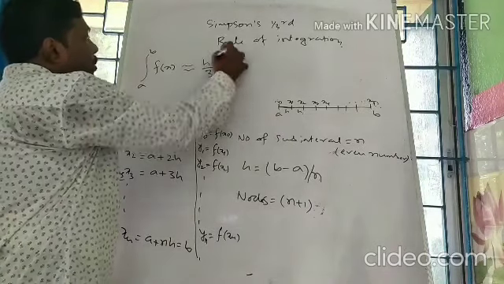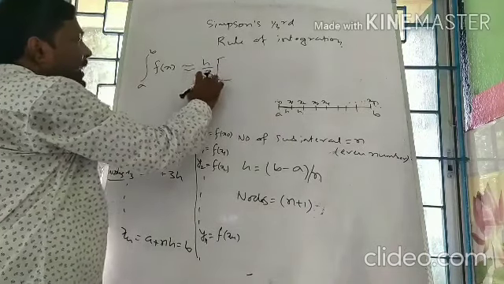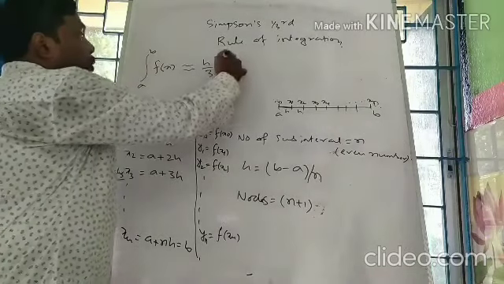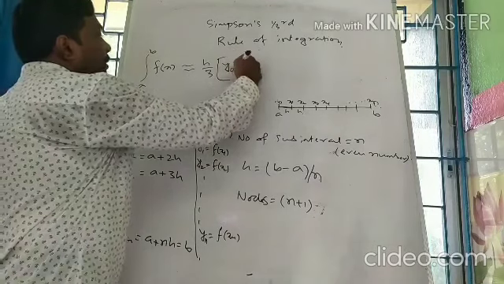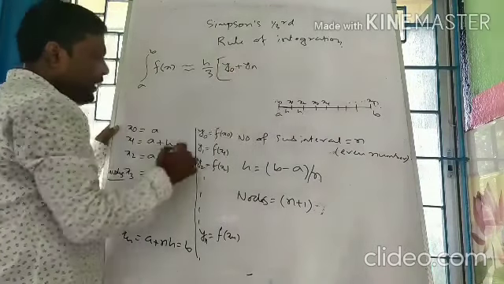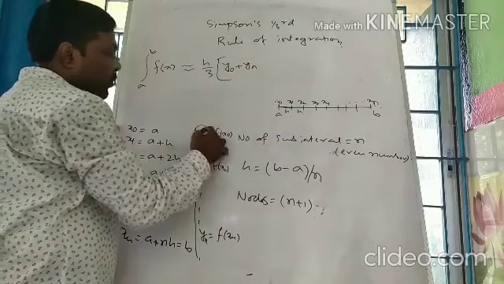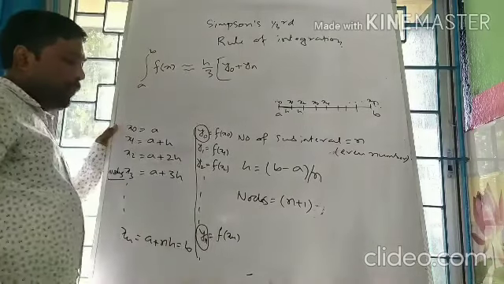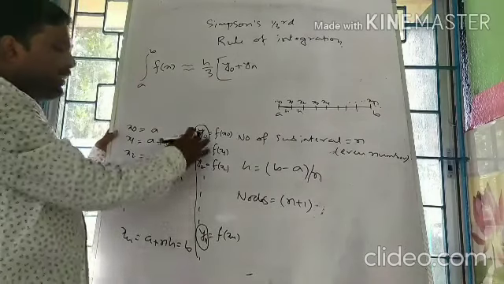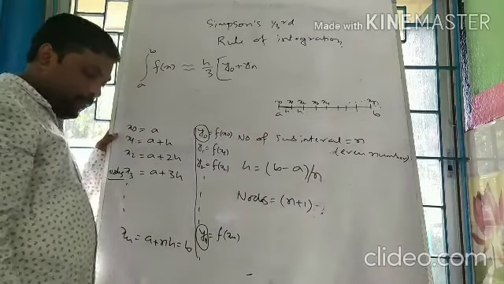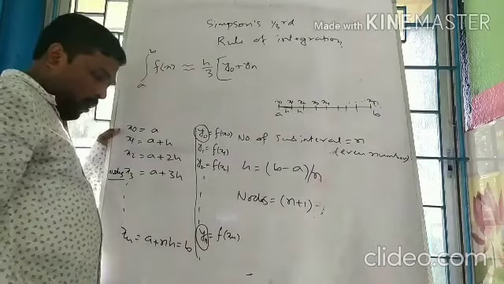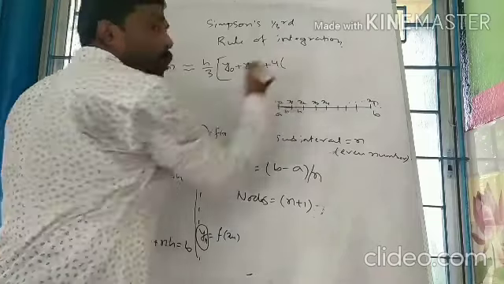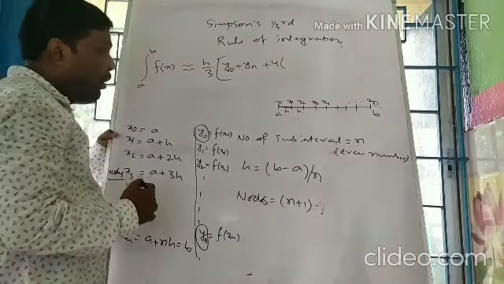For the trapezoidal rule it was h by 2, now it is h by 3, times the sum of the first and last ordinates, y0 plus yn, plus 4 into the sum of all odd ordinates.